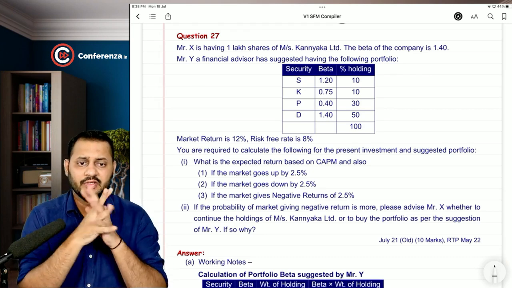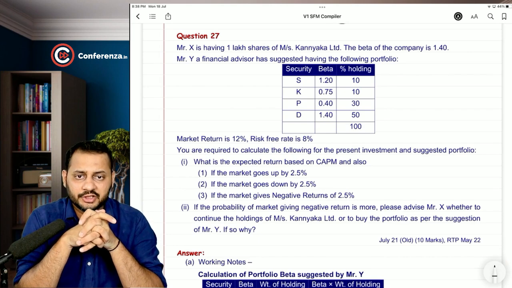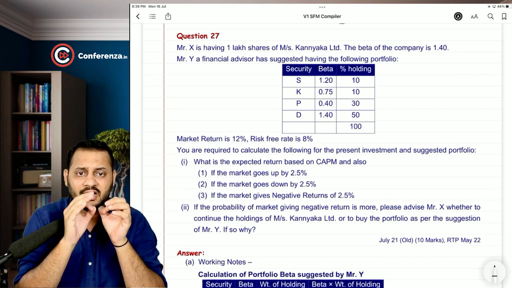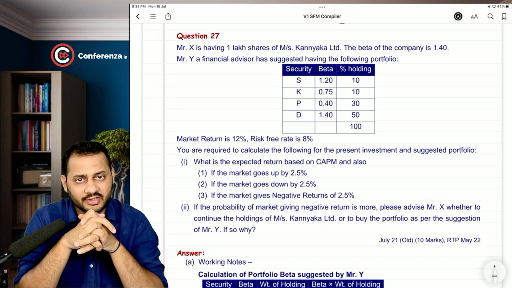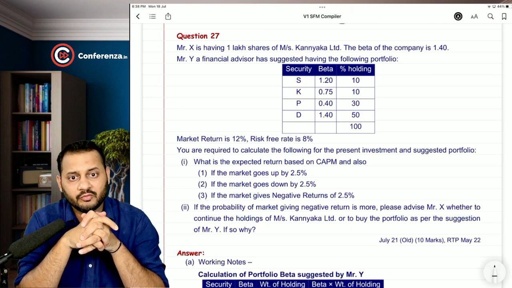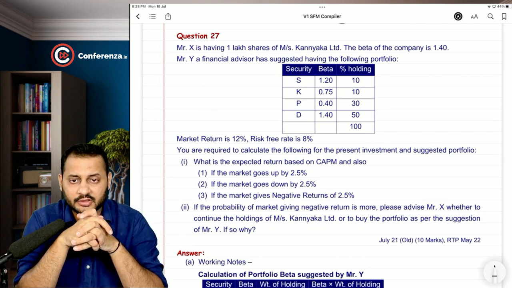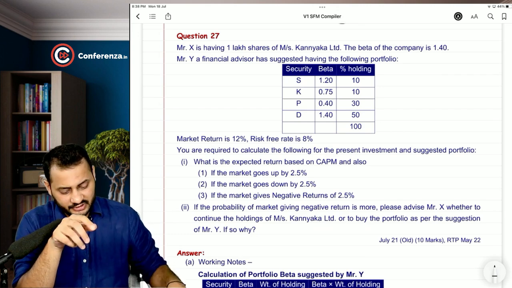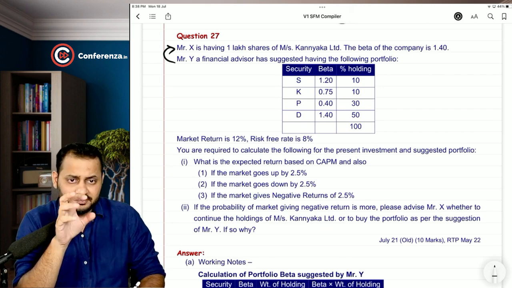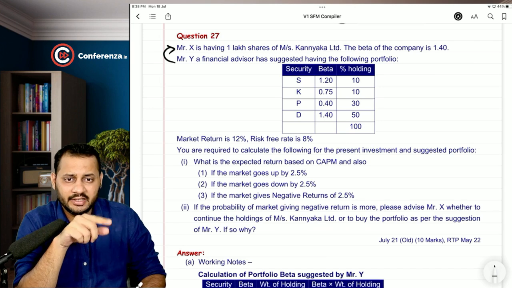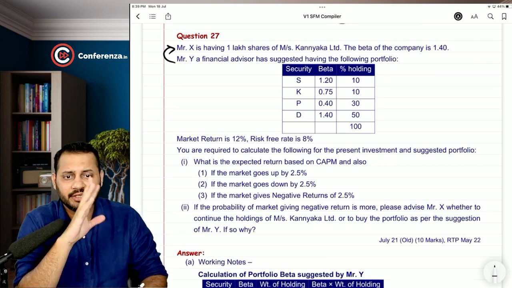Mr. X has 1 lakh rupees of shares of Messrs. Kanyaka Limited. The beta of the company is 1.40. Mr. Y, a financial advisor, has suggested the following portfolio: security, beta and percentage holding.